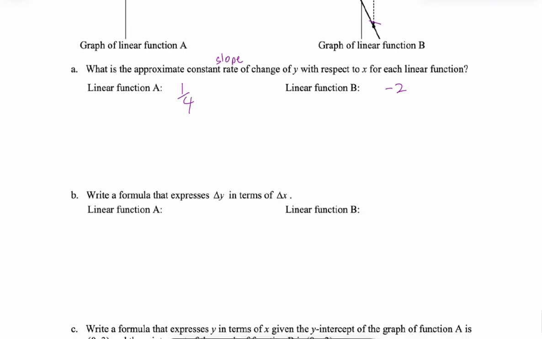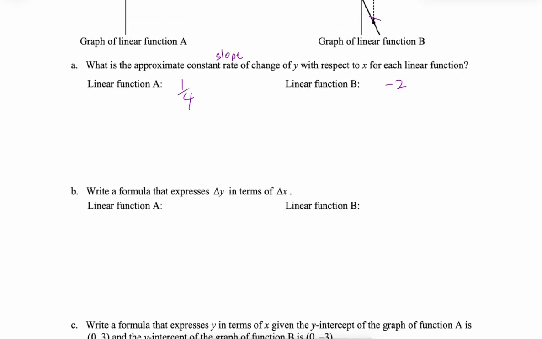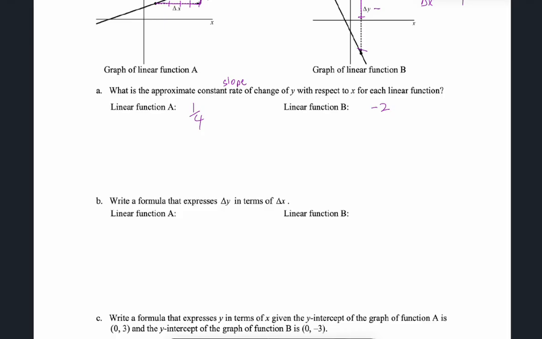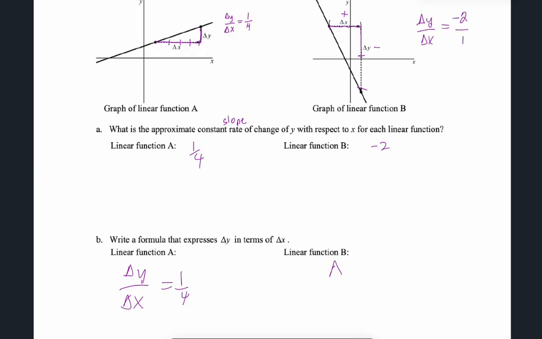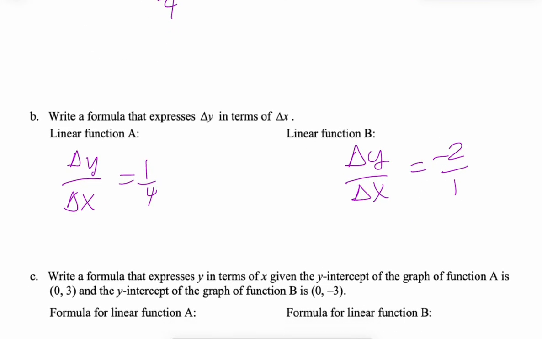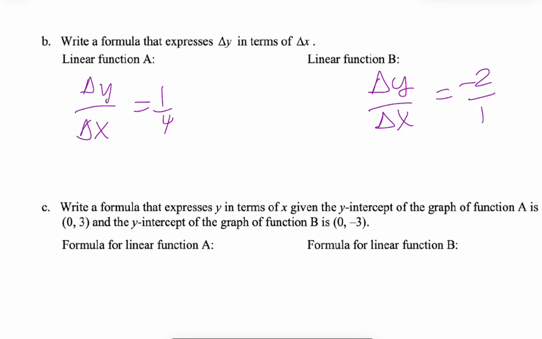Okay. It says write a formula that expresses delta y in terms of delta x. So let's write down the formulas that we had, please, down below. What's weird is we're going to treat delta y and delta x as if they are variables.